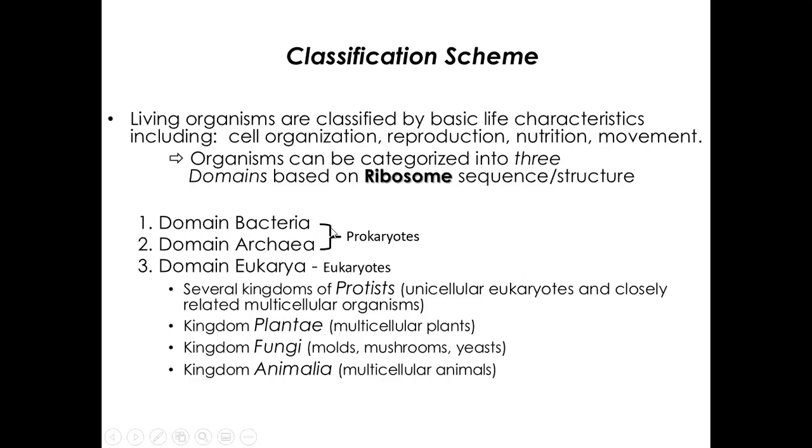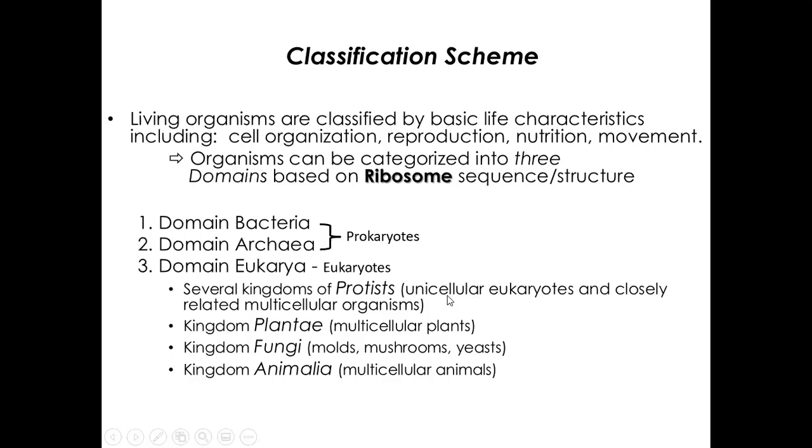Bacteria and archaea both fall under prokaryotes, and eukaryotes are pretty much everything else. You've got plants, animals, fungi, and then protists. And pretty much, if it is a eukaryote and it's not a plant, animal, or fungi, it falls into the protist category.